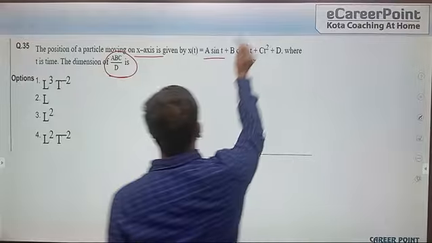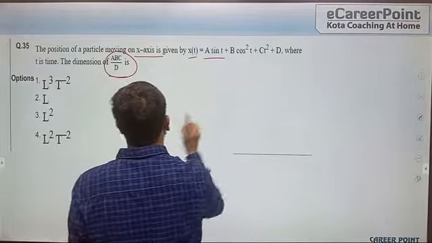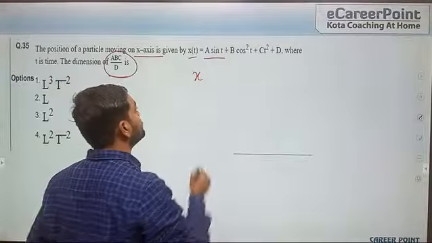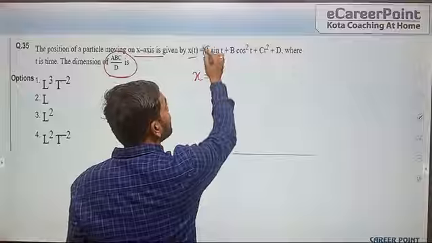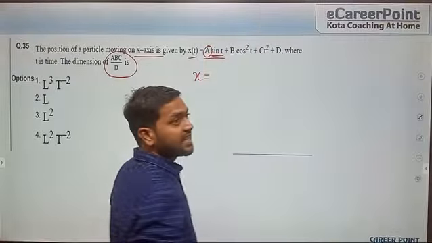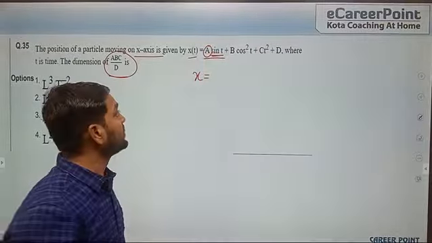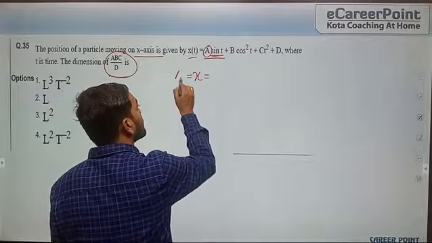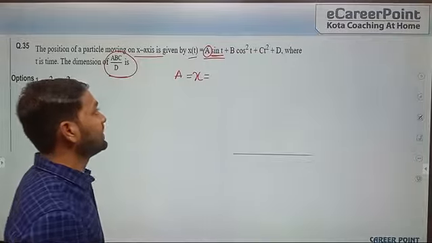So let us take x, which is length, equal to A sin theta. Sin theta does not have a dimension, so for that reason A has the dimensions of length, that is x.